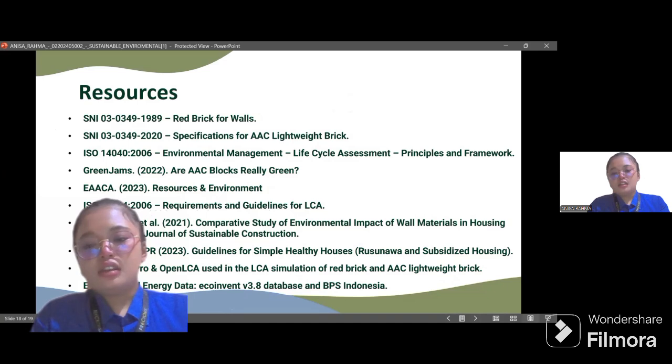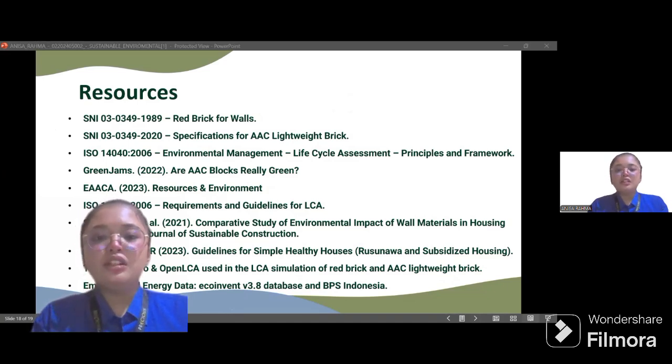And then this is the reference used to prepare the life cycle assessment analysis. I didn't rely on a single source, but a great variety of credible references from national and international standards, academic journals, and lab simulation tools. For national standard regulation, I have SNI nomor 03.303.491989 and so on.